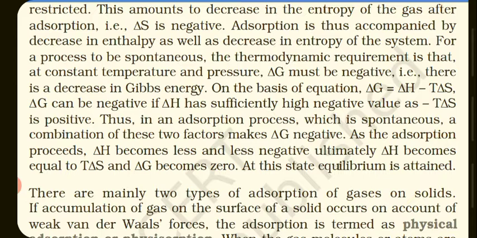For a spontaneous process, the thermodynamic requirement is that at constant temperature and pressure, delta G must be negative. That is, there is a decrease in the Gibbs energy. On the basis of the equation delta G = delta H - T delta S, delta G can be negative if delta H has a sufficiently high negative value, so that delta H minus T delta S is negative.